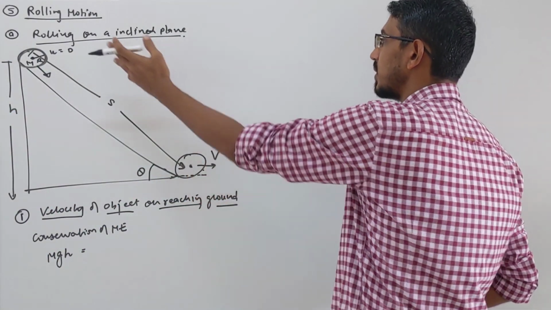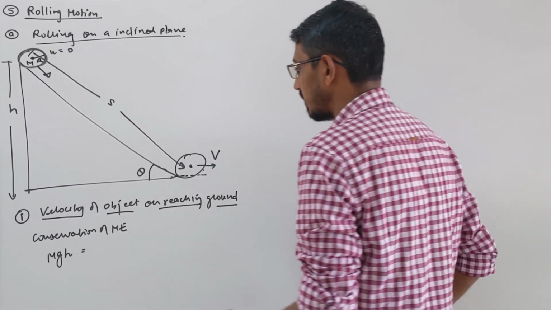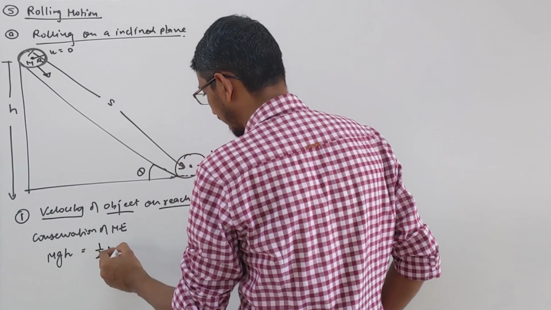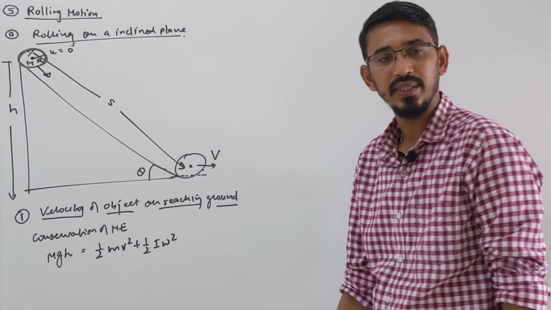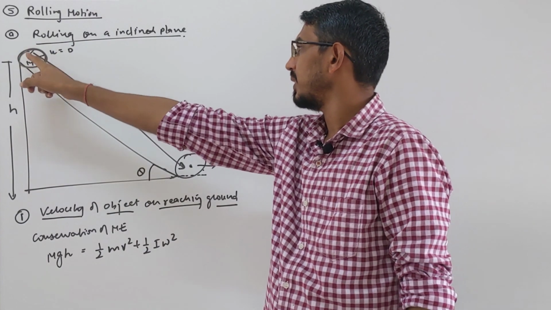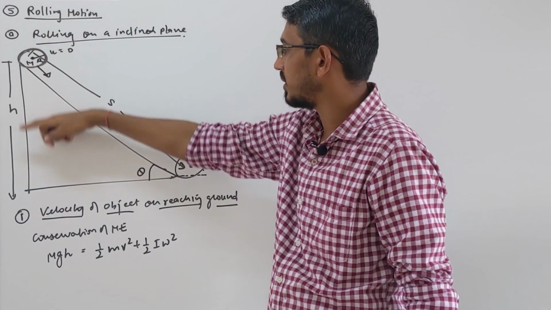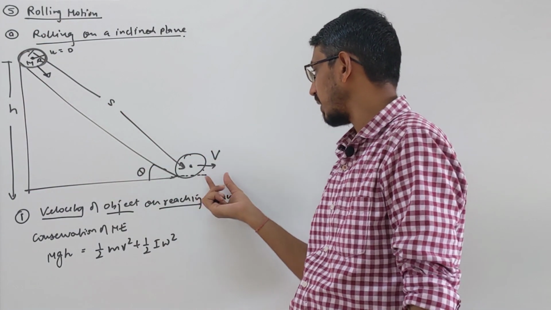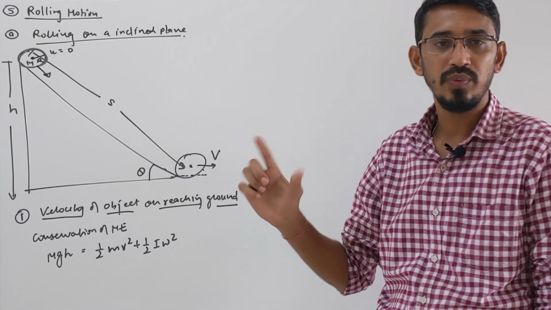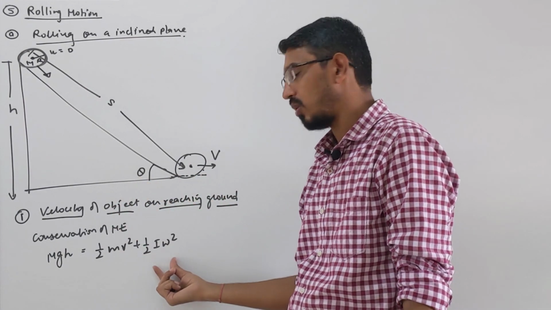At the bottom point it's rolling, so it has rolling kinetic energy, which you know is half mv square plus half I omega square. At the top it's placed at rest, so no kinetic energy, it only has potential energy because it is at some height from the ground. At the bottom it came to the ground, so height is 0, but it is moving, it's rolling, so it has translatory kinetic energy plus rotational kinetic energy.